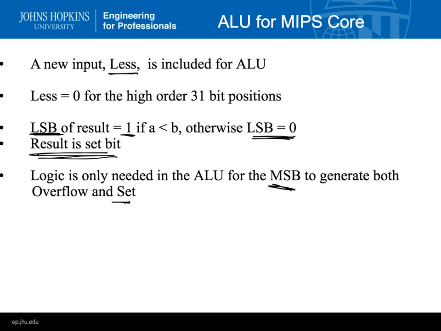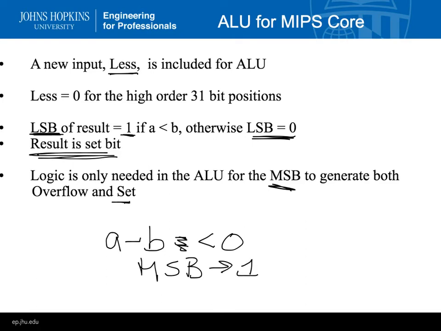So in the most significant bit, if A minus B is less than 0, then the most significant bit of the result will be 1 when we subtract them.